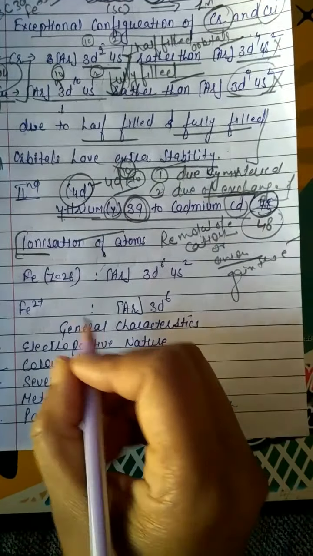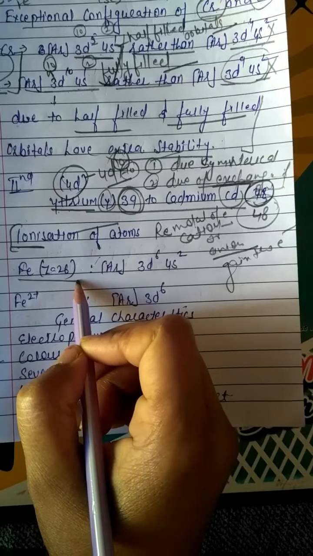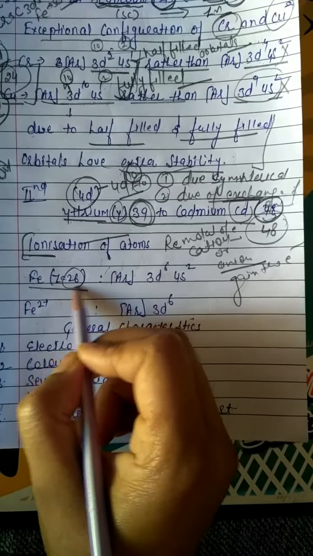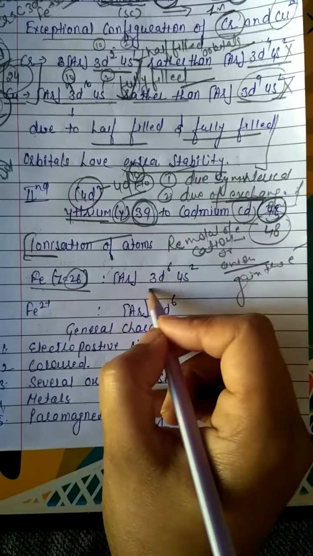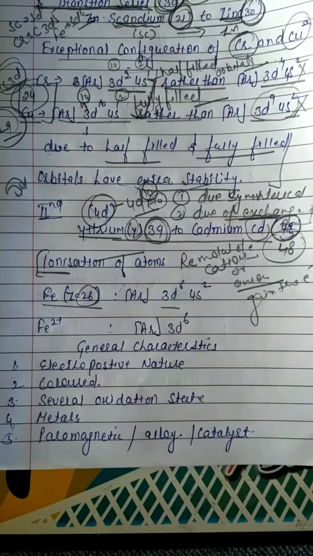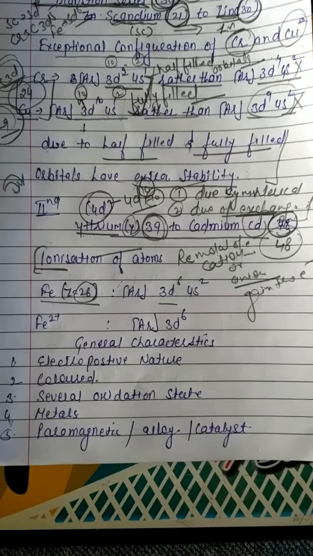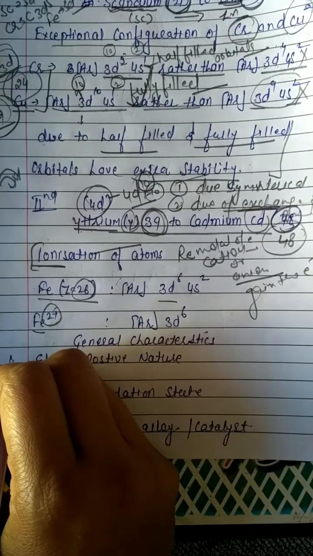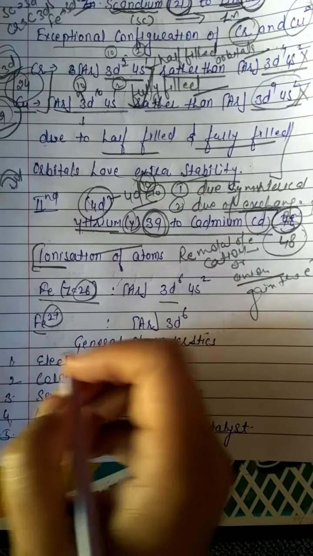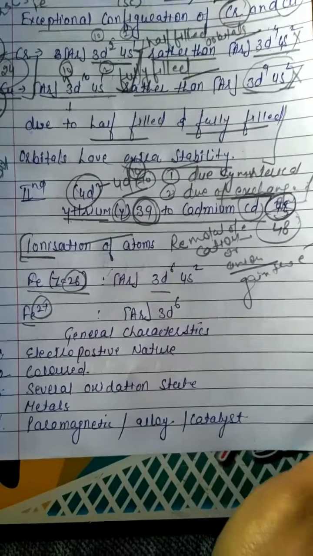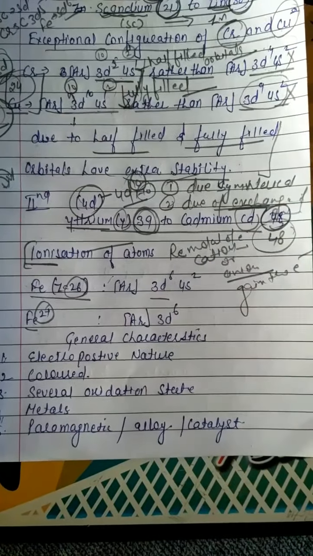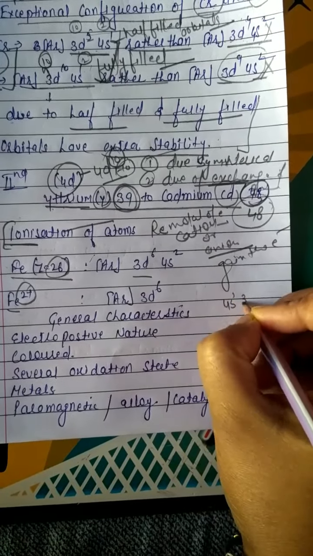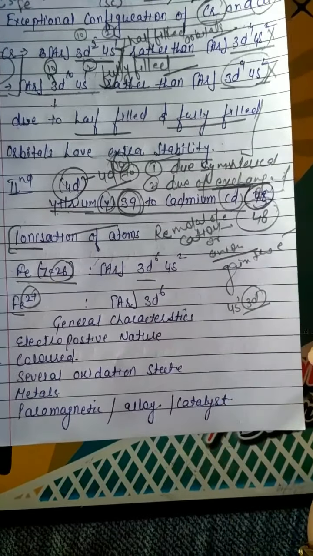Now we take the example of iron, symbol Fe, atomic number 26, and the configuration is 3d6 4s2. Fe2+ means we are removing 2 electrons from the outermost shell. For filling electrons, we first fill the 4s orbital and after that the 3d orbitals.